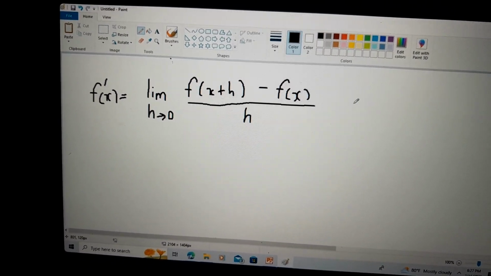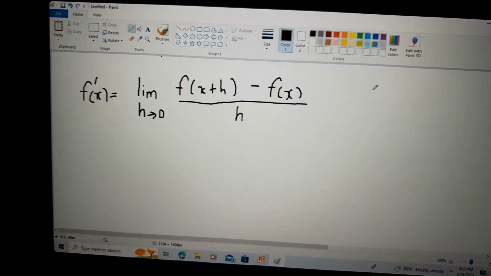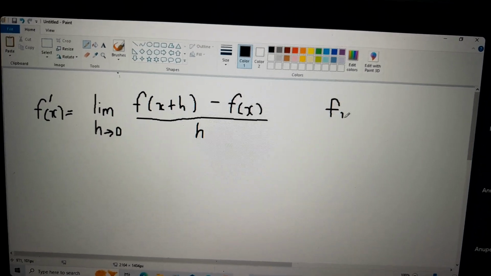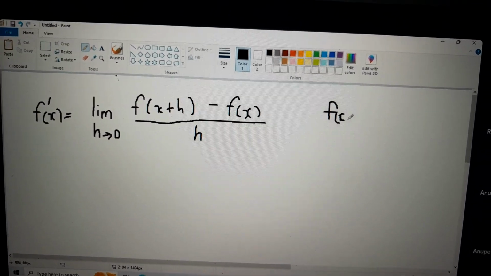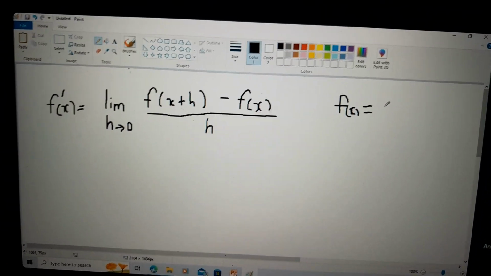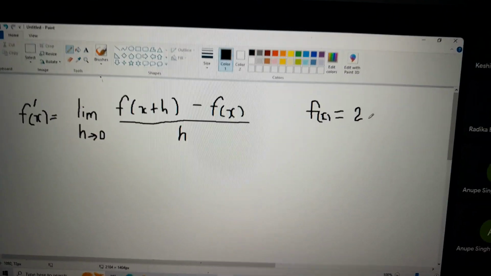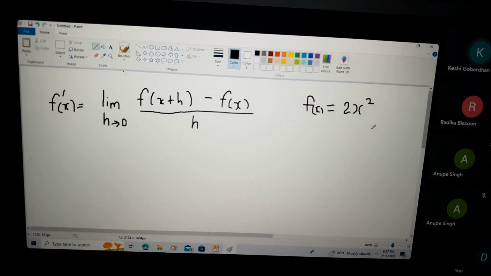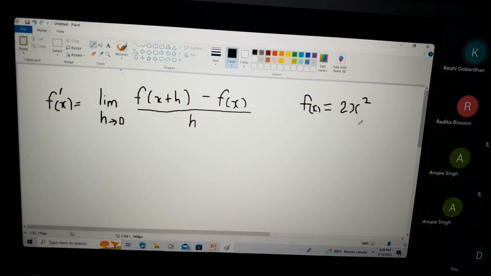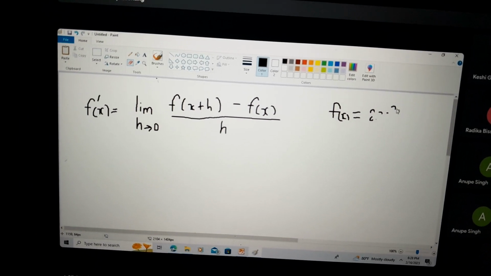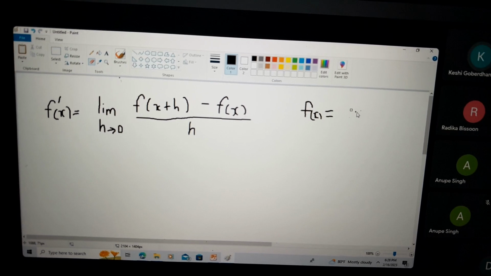So basically all we are doing, let's say we're given a function f of x. So f of x is equal to, let's do 2x squared. Basically, let me not do this one yet. Let me do one without a square.